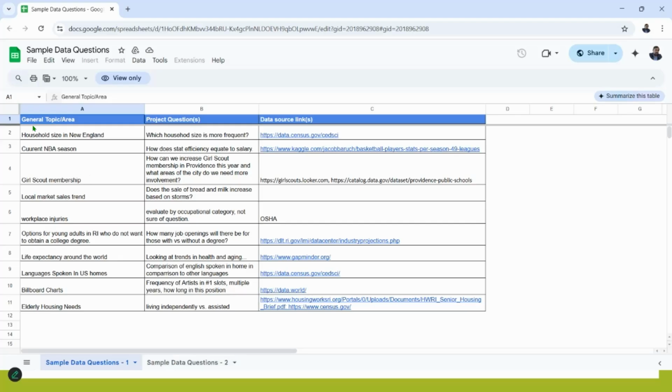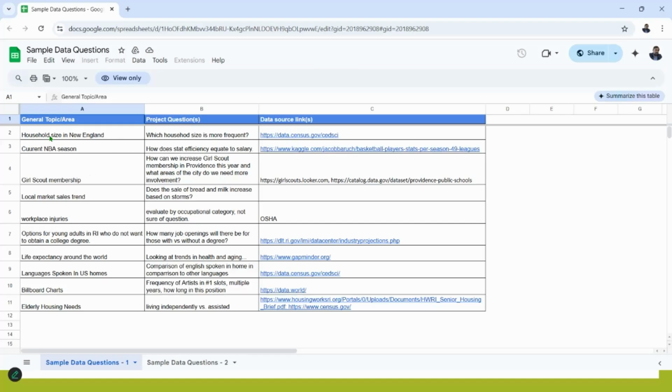So the general topic or project area, they typed here. And then what is the question? This is what I'm talking about. Project question, and then what is the source, so where they are going to get data to answer this question. It necessarily doesn't have to be a question type. It can be your research question also. I'll show you those things.